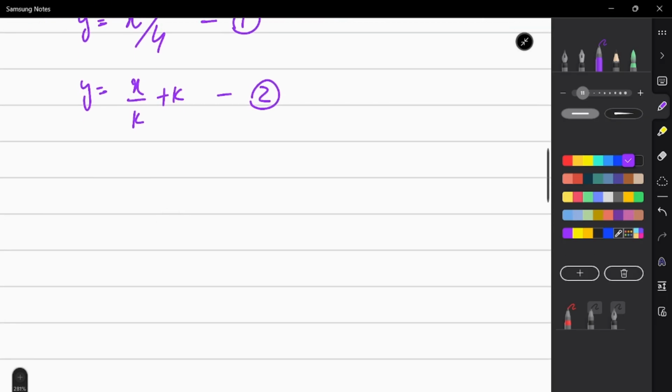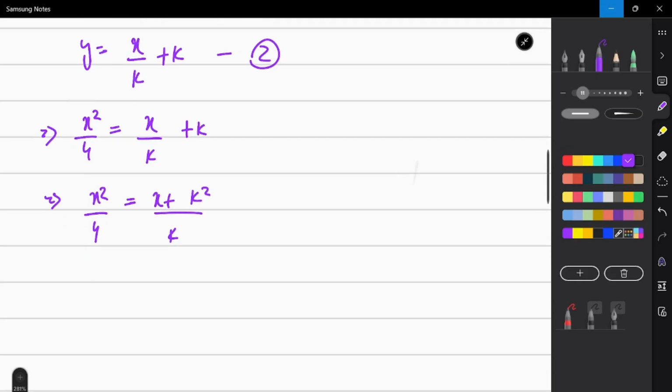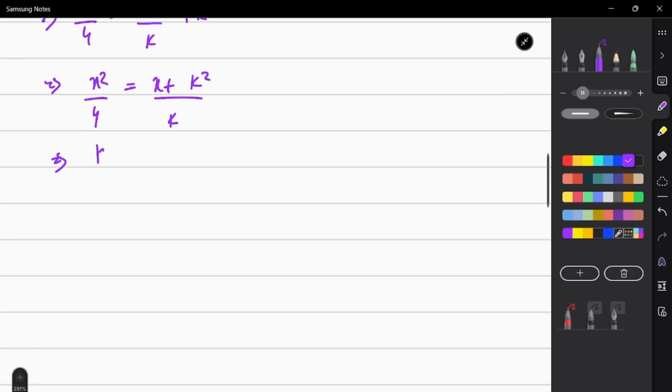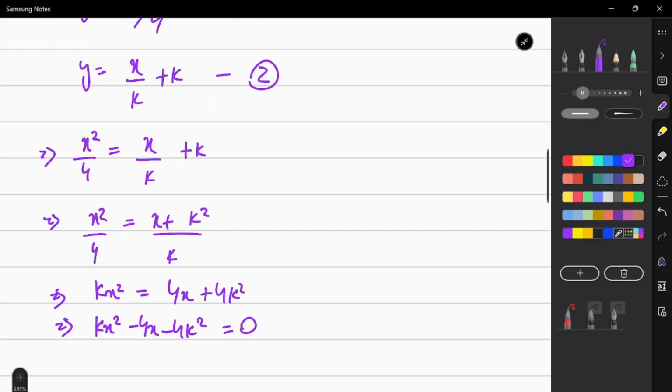We're going to be substituting equation 1 into equation 2. And we are reaching a quadratic equation. So this is our equation, and we know that the discriminant is equal to 0.